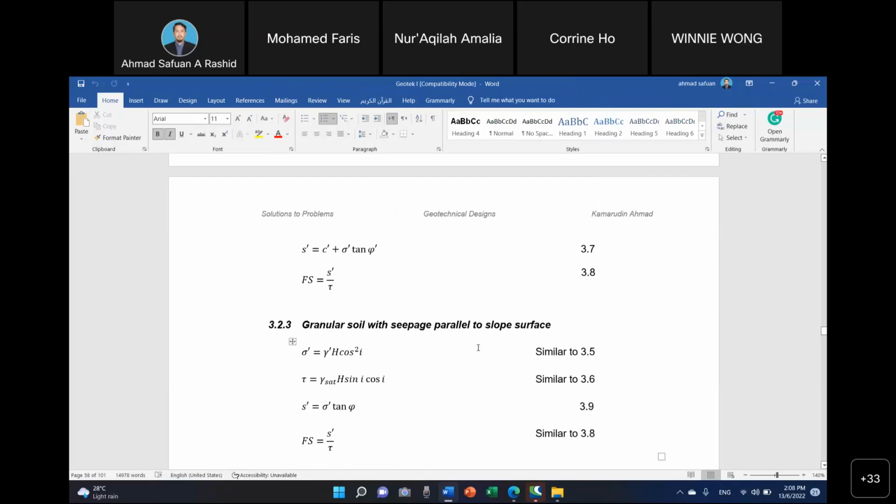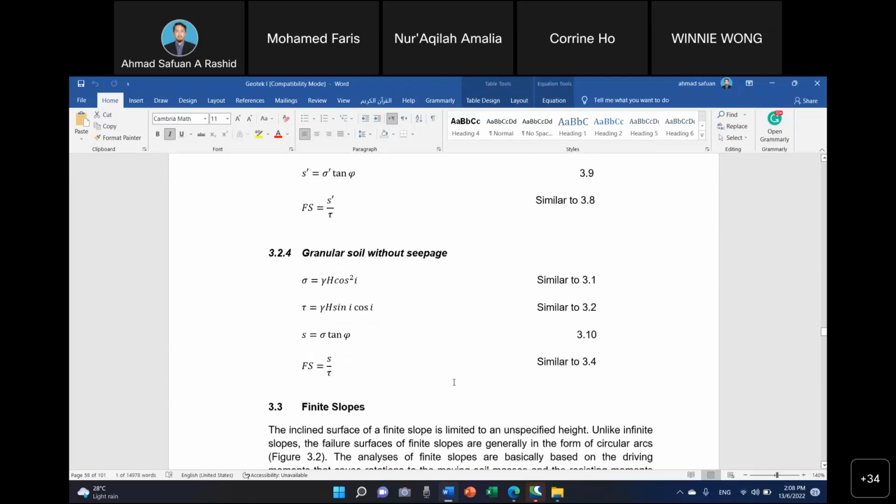So starting from 3.5 to 3.8, the difference is in 3.9. Because granular soil, like sand or gravel, does not contain cohesion, 3.9 doesn't contain C. For granular soil without seepage, in 3.2.4, it is similar to 3.9 where it doesn't have a C, but the value for the seepage is not considered as well. So that is for the infinite slope.